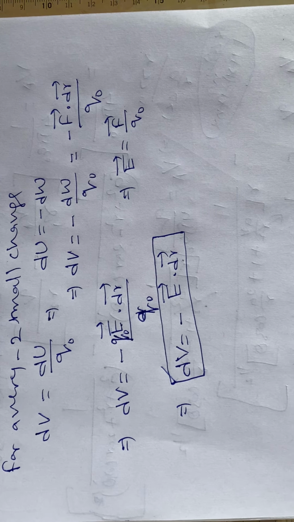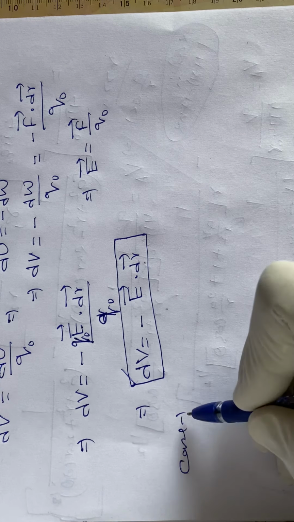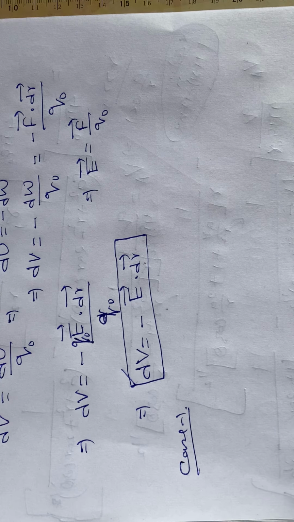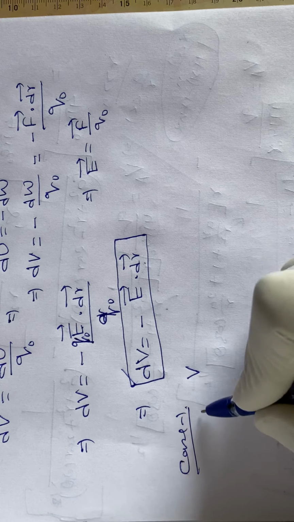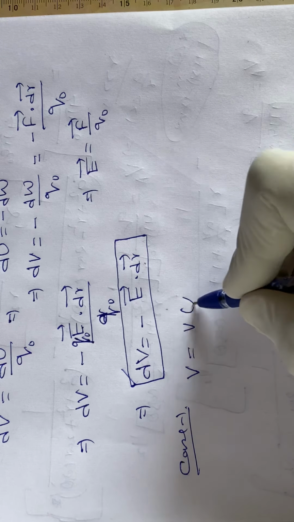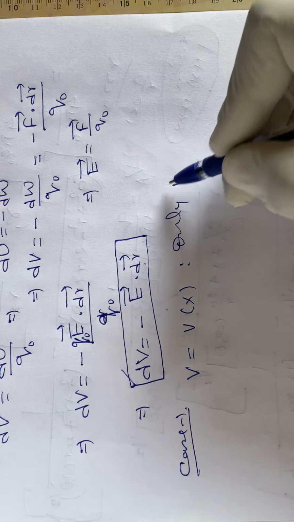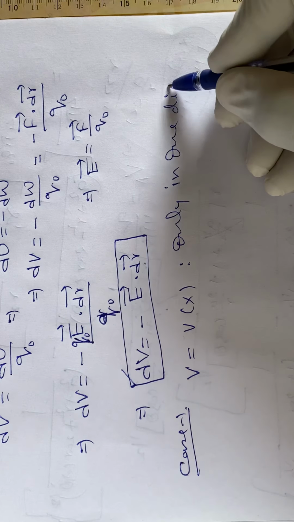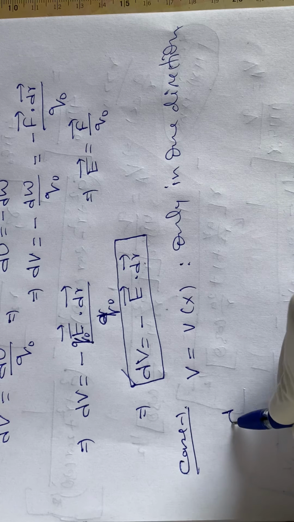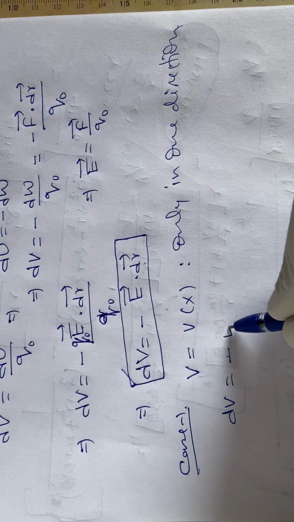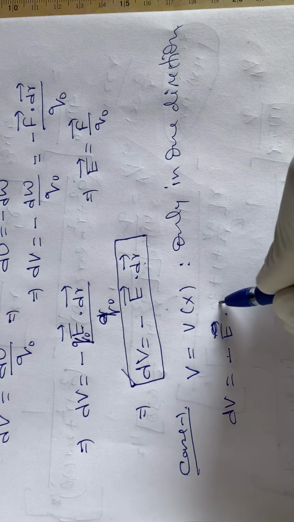Now we can discuss different cases in it. Say case 1, which is most asked in the CBSE board: if V is a function of x only, that is, the potential is varying only in one direction, then dV can be represented as minus E dx.